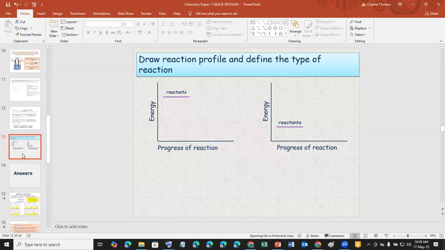Okay, so let me see if I can draw with this. Would this allow me to draw? Let me see if I can add to this.